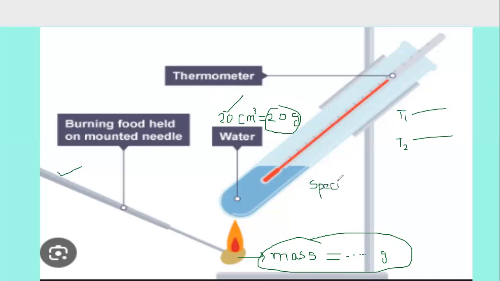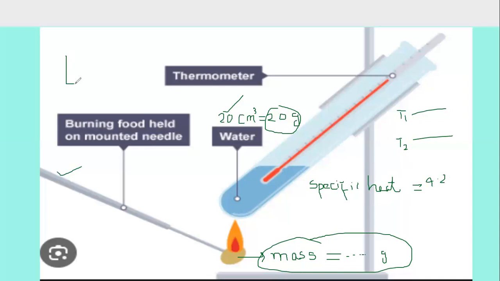Okay, specific heat. Let me tell you what you mean by specific heat. It is a constant value and it is never going to change, and that is 4.2. So specific heat is the amount of heat needed to raise the temperature of 1 gram of water by 1 degree Celsius.